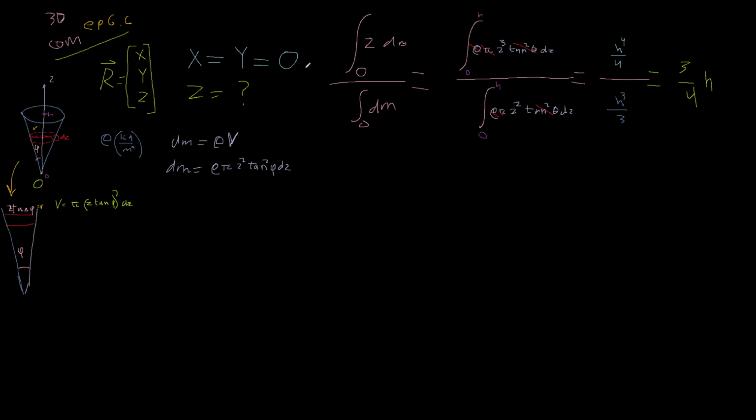This is equal to Z. So when we go back here, r equals X, Y, Z, which is going to be equal to 0, 0, 3 over 4 h. And that is going to be the position vector for the center of mass.